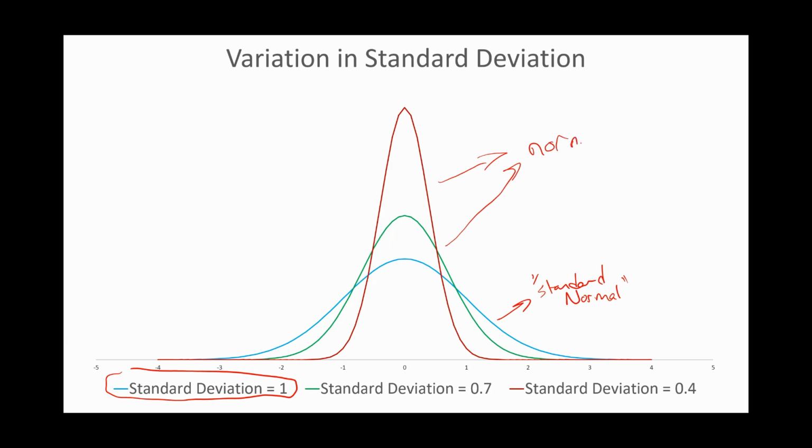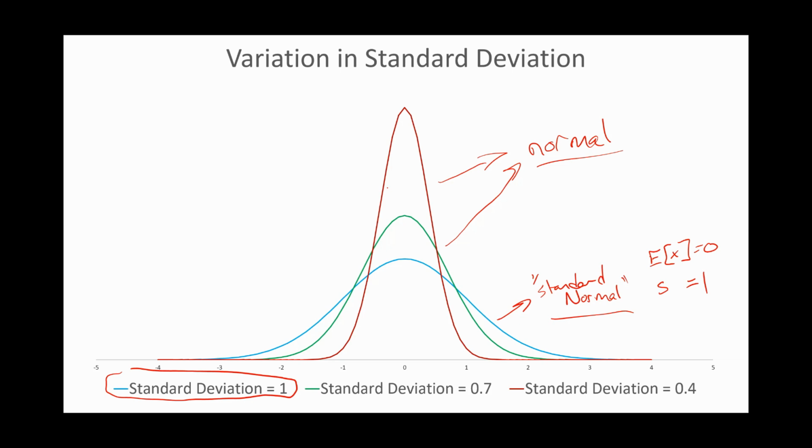They're not standard normal, because their standard deviations don't equal 1. All right, so there's a difference between a standard normal and a normal. A standard normal has an average of 0 and a standard deviation of 1. A normal distribution can have any mean and any standard deviation, but it has to have this symmetric shape where the greatest probability density is near the mean.